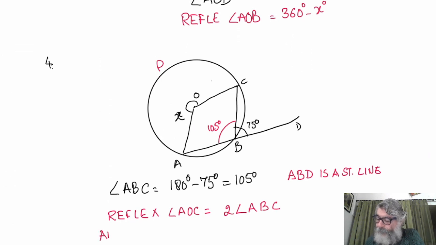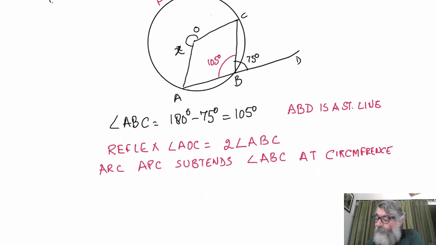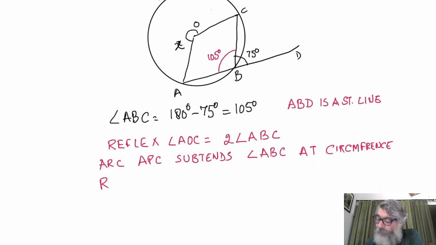Arc APC subtends angle ABC at the circumference and reflex angle AOC at the center.